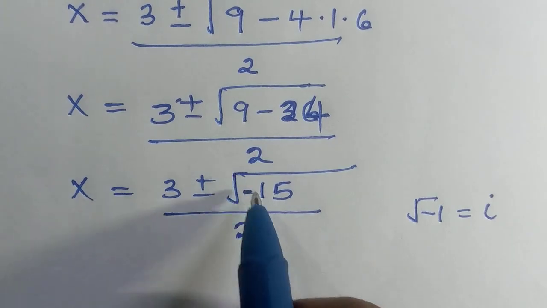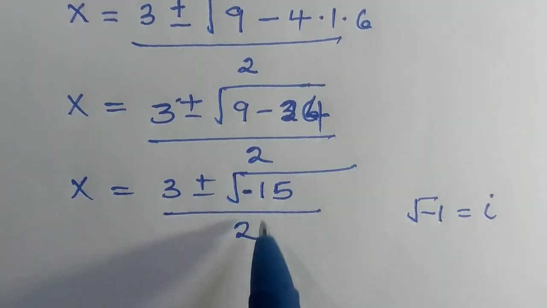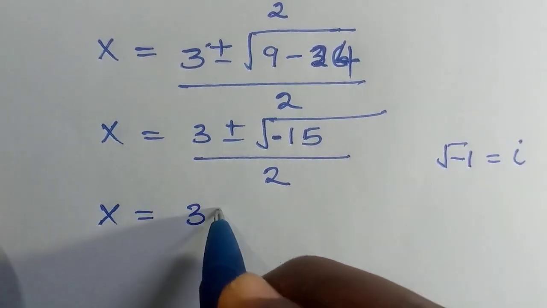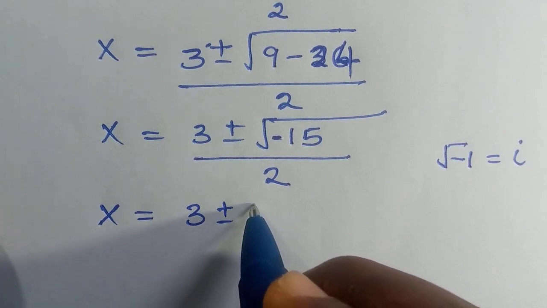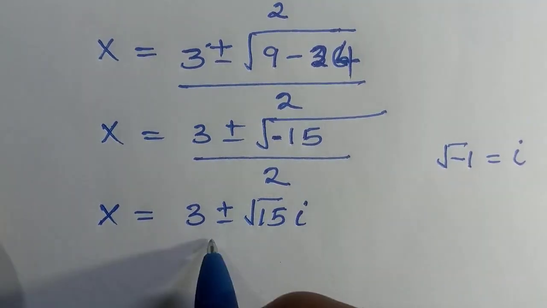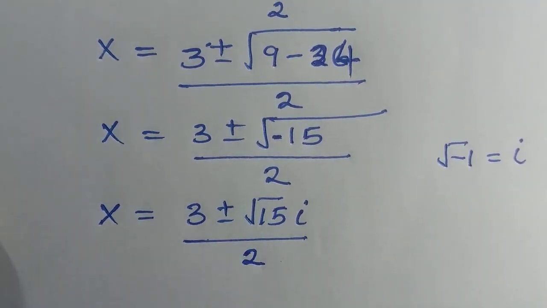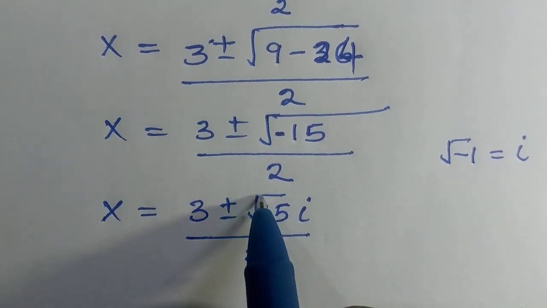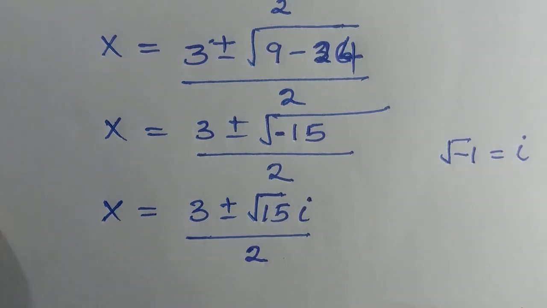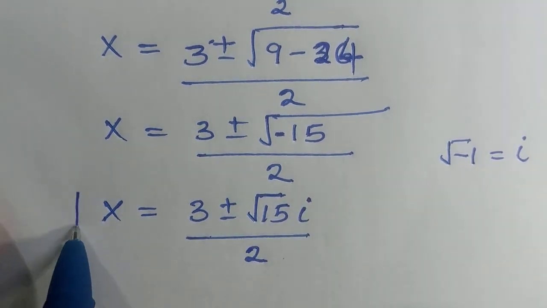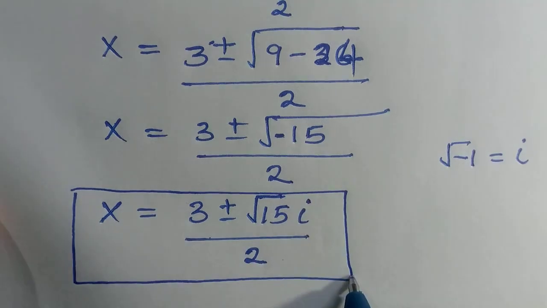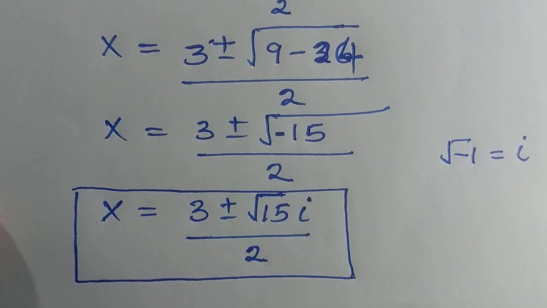So which means we can break this into minus 1 multiplied by 15, and therefore we have x equals 3 plus or minus square root of 15, then i, divided by 2. But let's take a look at this. Here is a complex solution because of this imaginary value called iota. So here are the other two solutions for the given algebraic problem above.